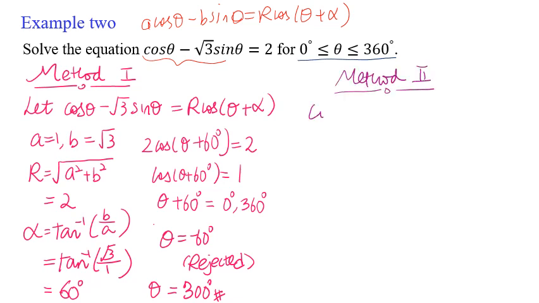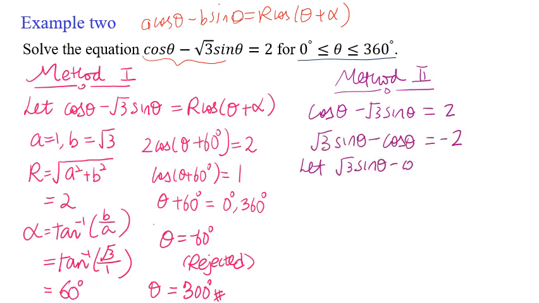Okay, what is method 2? Method 2 is, instead of writing cos theta in the first position, I rewrite the whole thing. That means I write sin theta in the first position, so I express the equation in the form R sin instead of R cos.